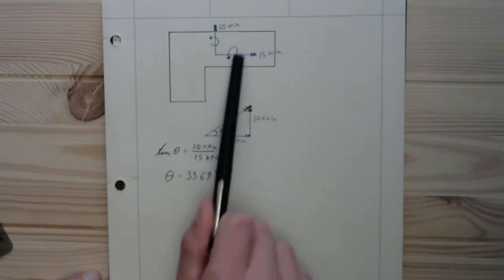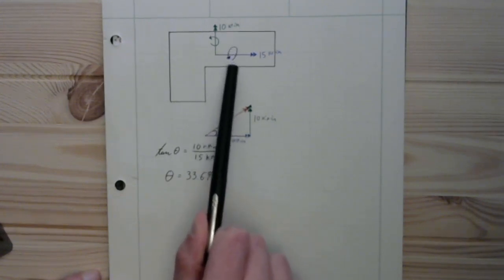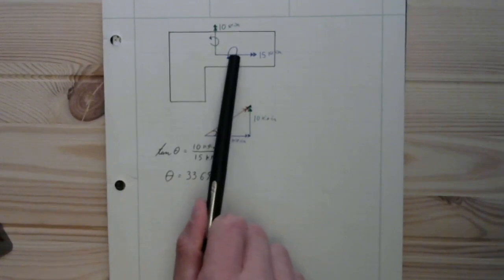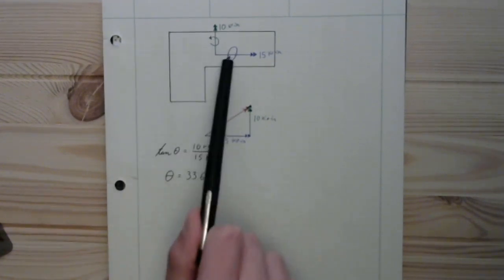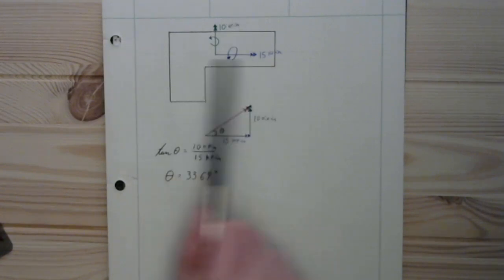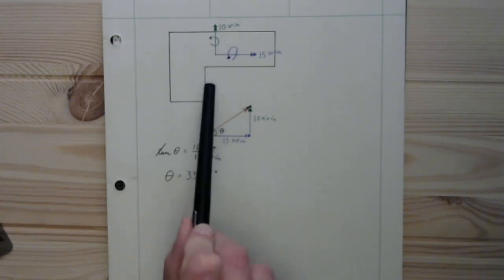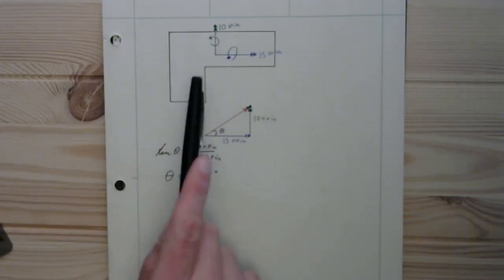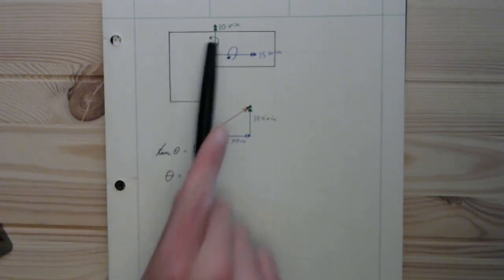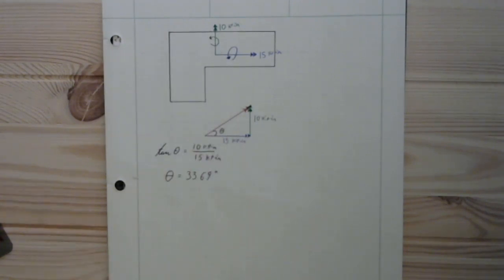If we looked at the round wheel that we would draw for that moment, it would be in the x and y plane, and it wouldn't take up any dimension in the z direction. Similarly, for moment about the y-axis, it would be acting in the z-plane and in the x-plane, but it would not be acting in the y direction.